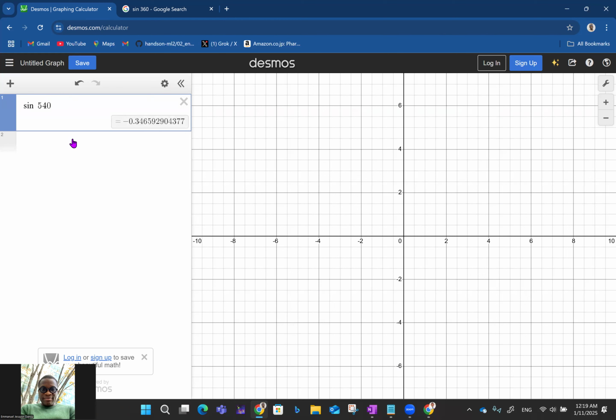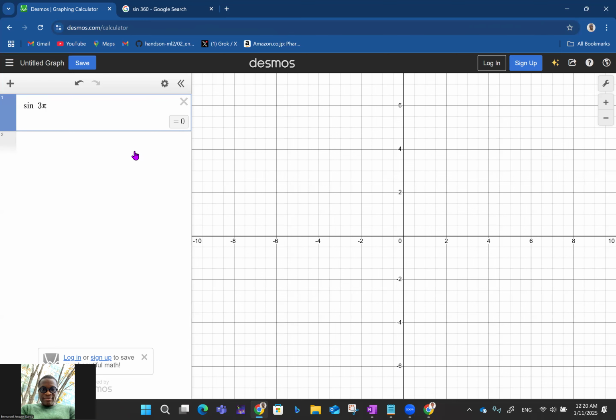Can I do degrees here? Oh, okay, that's not working. So that's like 3 pi, right? How do I get pi here? Okay, good. 3 pi. So you see, sine pi is 180 degrees, sine 2 pi, sine 3 pi, and so on and so forth.